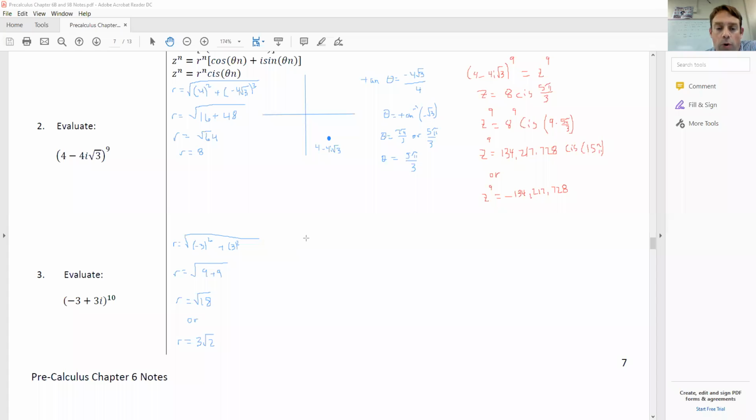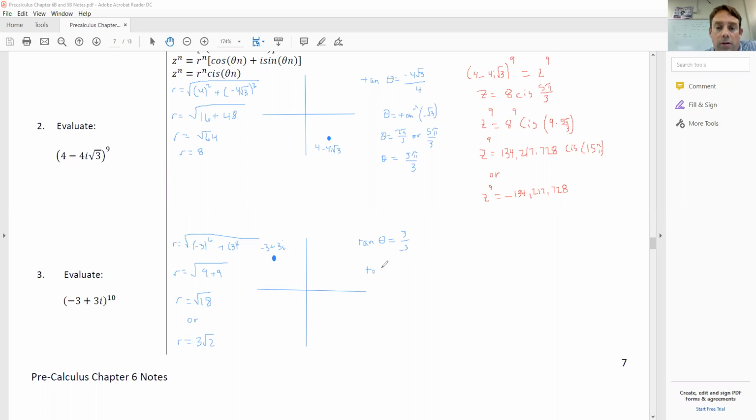All right, so we got to figure out where this point would be located. So -3 plus 3i, that'd be right up here somewhere. So that means I'm dealing with an angle that's in quadrant 2. So tangent of the angle equals the b value divided by the a value.